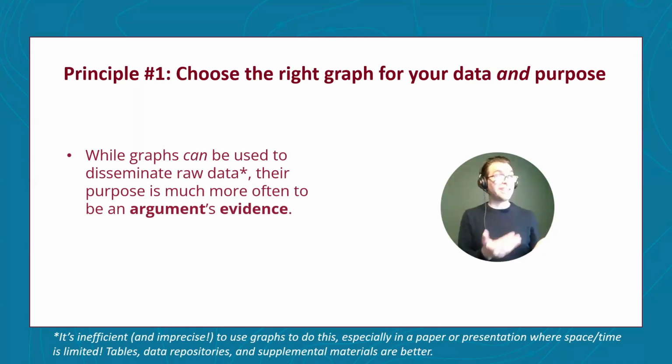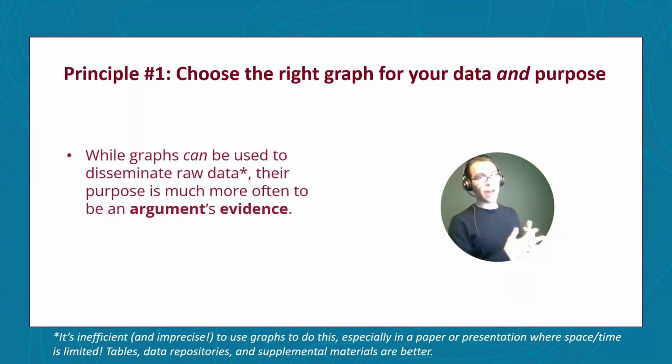It's actually very difficult to accurately pull precise values from even a carefully designed graph. If precise values matter to your reader, it's better to just make the raw data available to them in the form of a table or a file via supplemental materials or via a data repository, which are easy to do now.